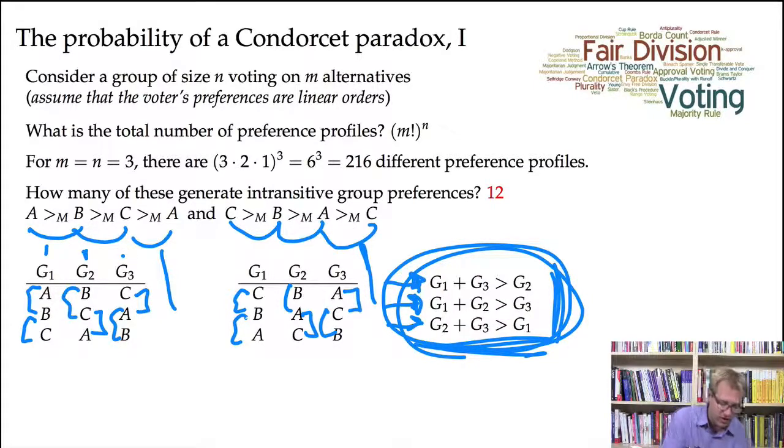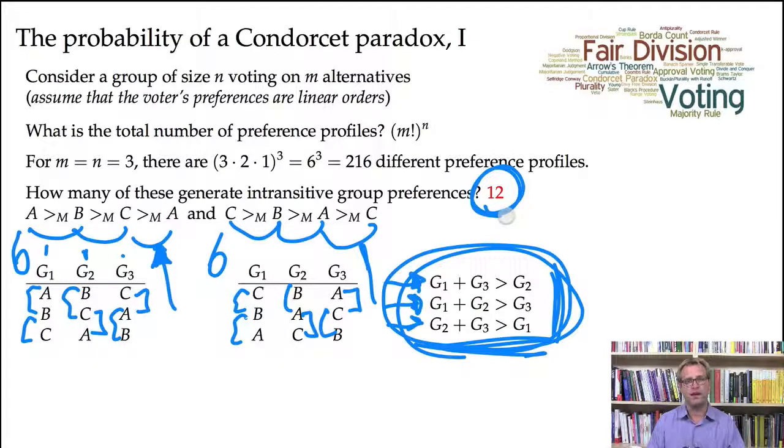So that means there are 6 possible ways of assigning voters to groups in order to generate the first Condorcet cycle. For the second Condorcet cycle, the reasoning is exactly the same, so there will be 6 possible ways of assigning voters to groups to generate that cycle. Altogether, that gives us 12 possible preference profiles that lead us to an intransitive group preference ordering.